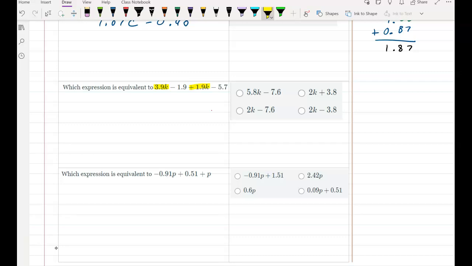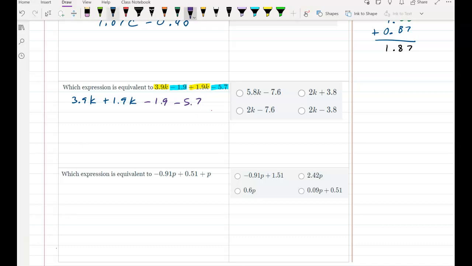Remember, the sign in front of the number goes with it, so we're going to combine those two. Then the other terms we have are negative 1.9 and negative 5.7.